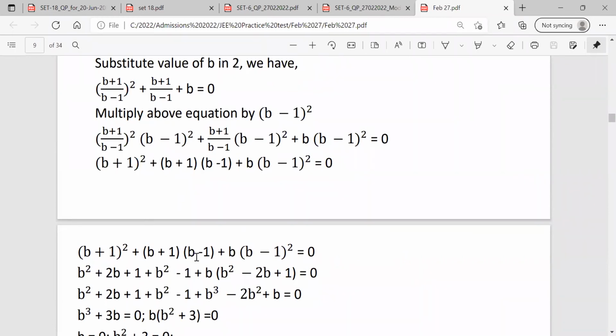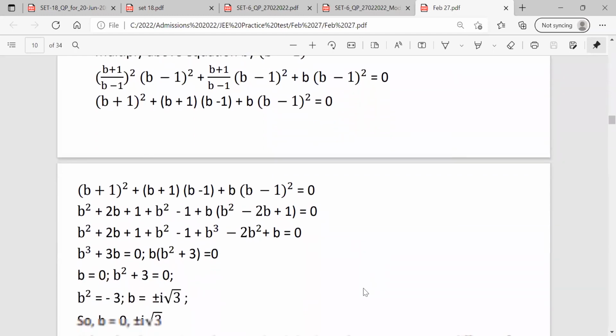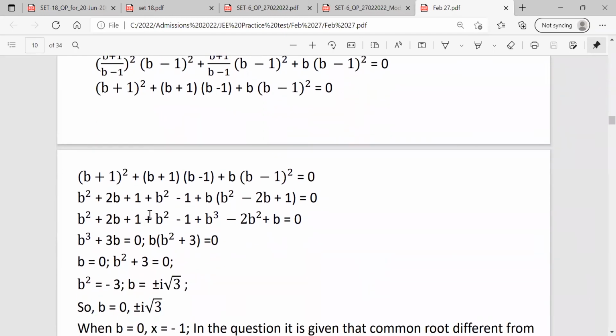It's a plus b, a minus b, it's a square minus b square. Plus it's b into a minus b whole square. You're just going to expand all the terms and cancel out all the common terms. So we'll have the equation as b square plus 2b plus 1 plus b square minus 1 plus b cube minus 2b square plus b equal to 0.